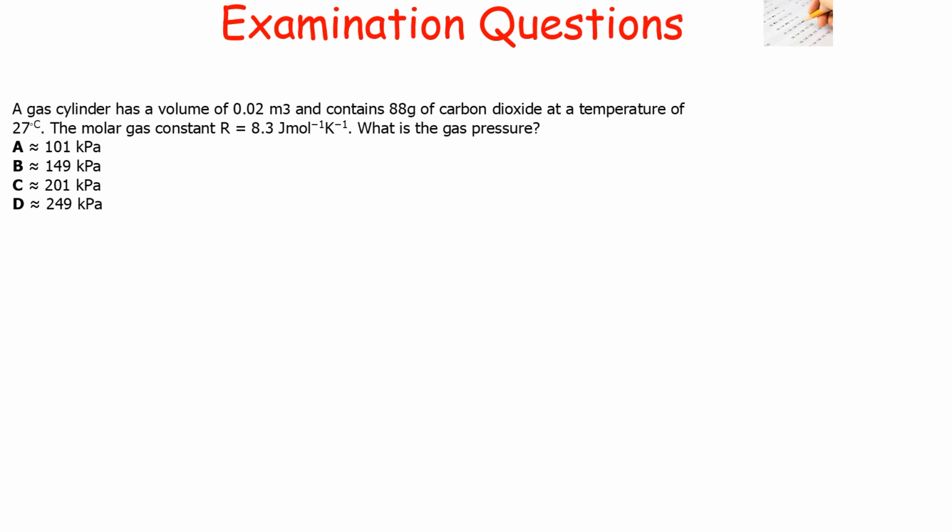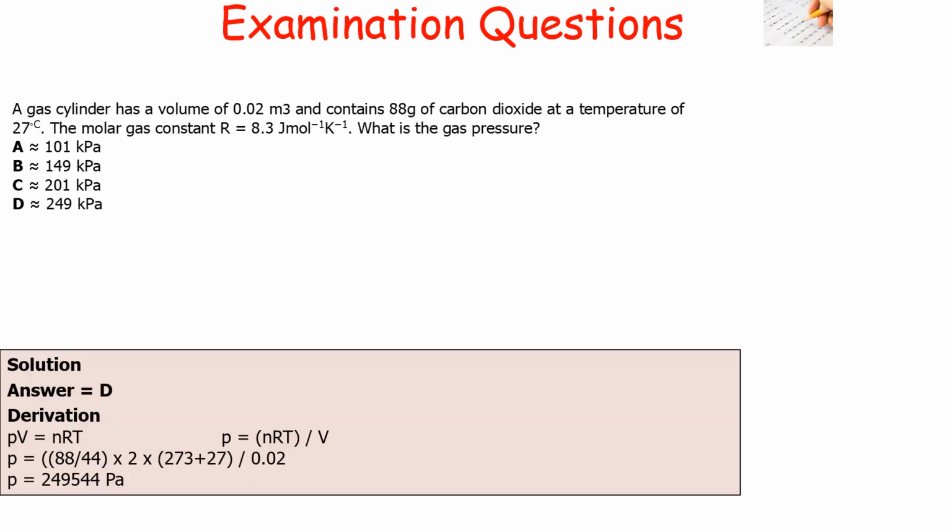Right, our answer here is D, because we need to use our ideal gas equation of PV equals nRT. We can rearrange it to make P the subject, so P equals nRT over V. Now the trick is T has to be in Kelvin, so we do 27 degrees Celsius plus 273 to get it into Kelvin.